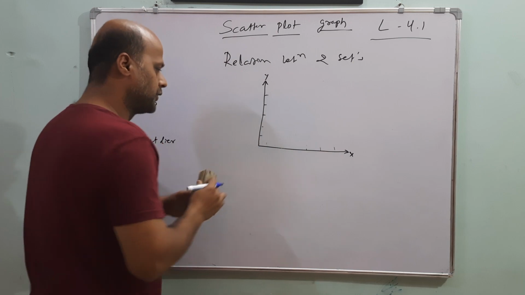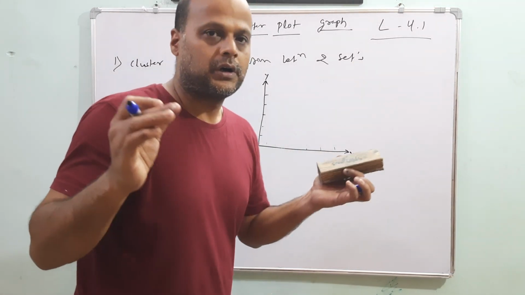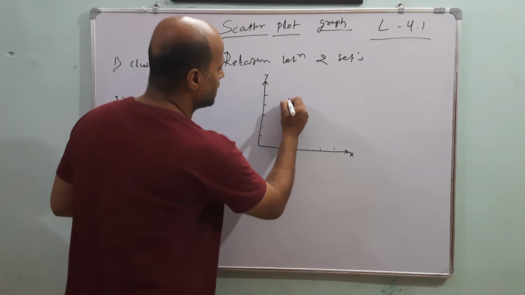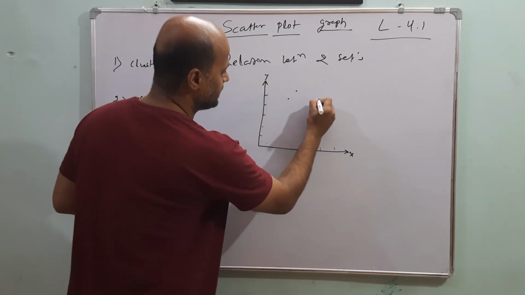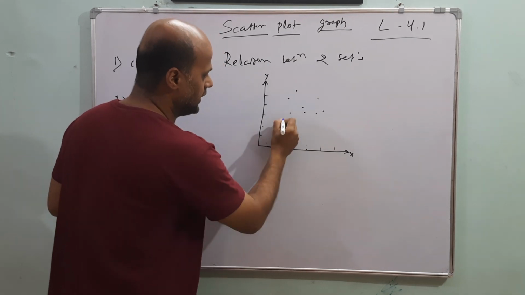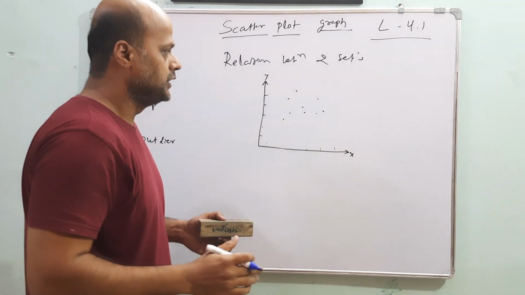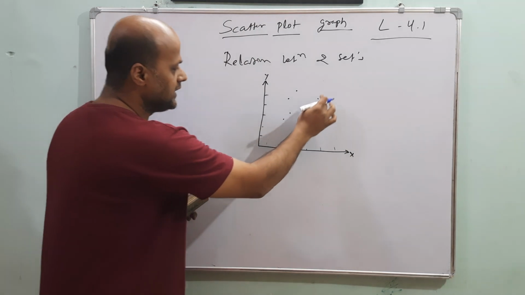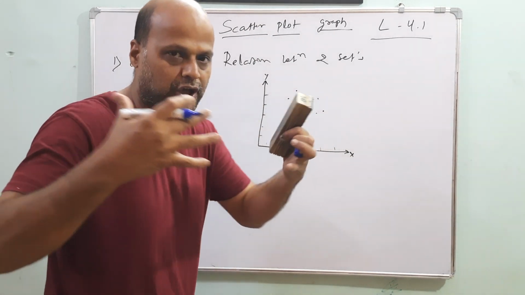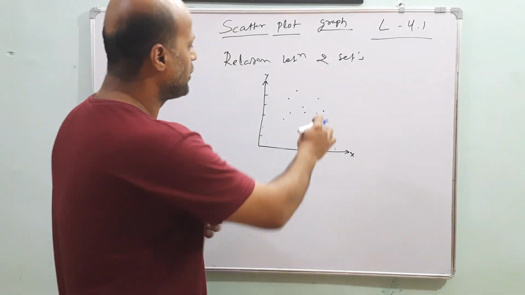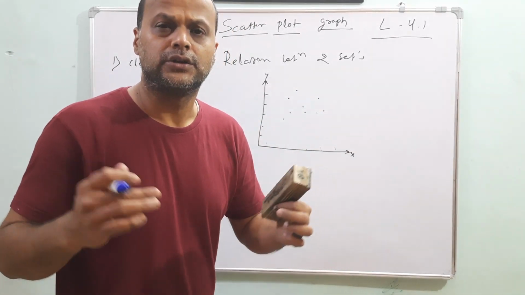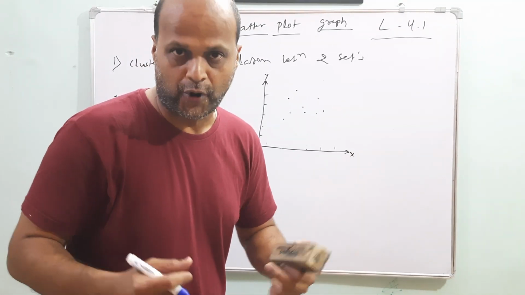After getting the points from the data, some points will come like this. These points are forming a group, they are closer to each other. So these points are called a cluster, or you can say closer points.